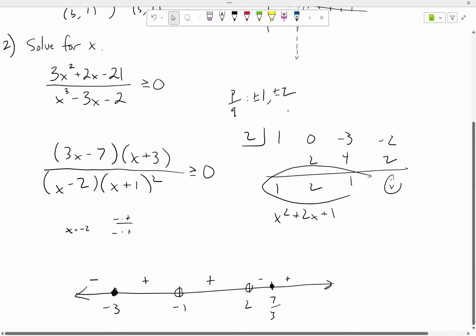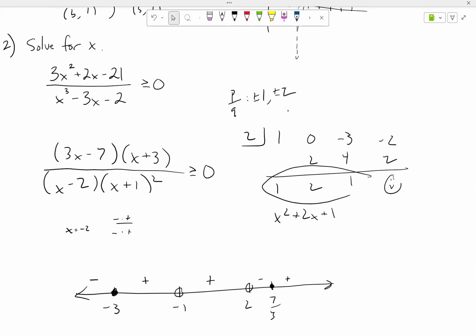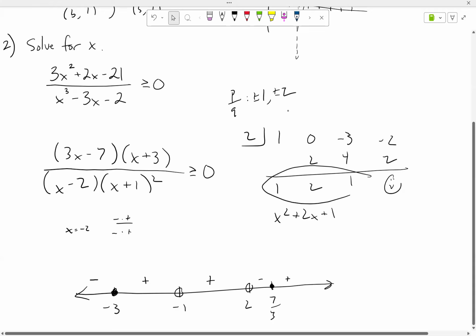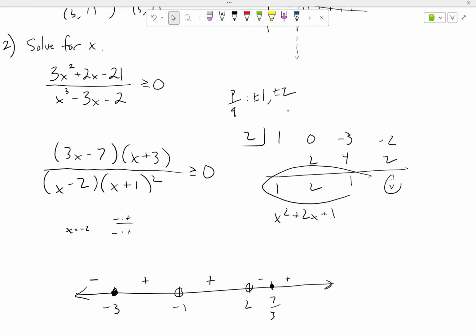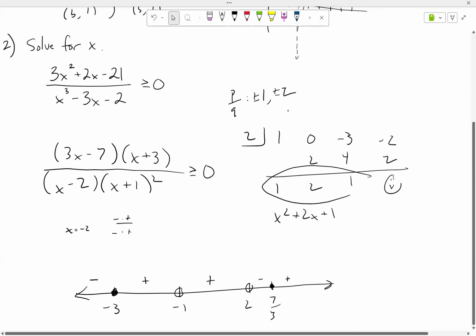With the y-intercept? Oh, just plug it in, plug in a 2. You see that? 8 minus 6 minus 2, you get zero. Same thing with -1. -1 works. So you don't have to use synthetic substitution, but it's a tool.